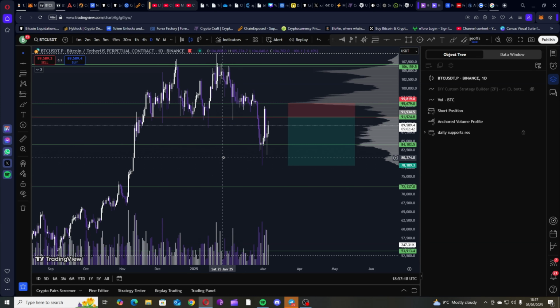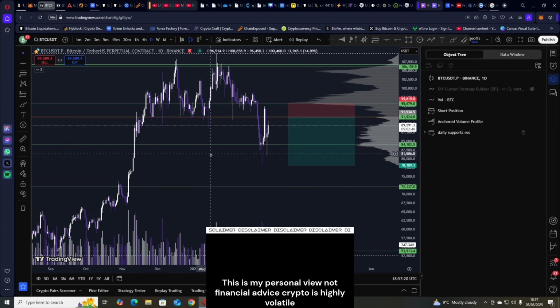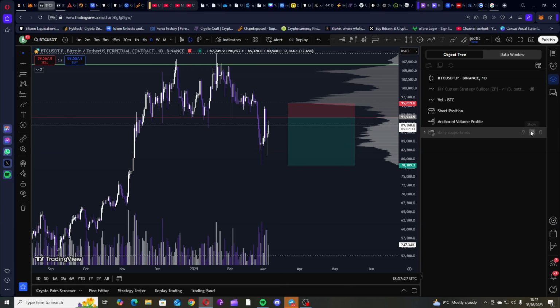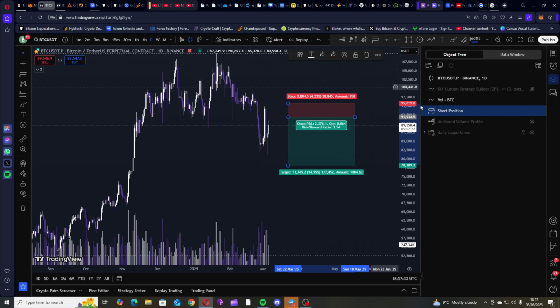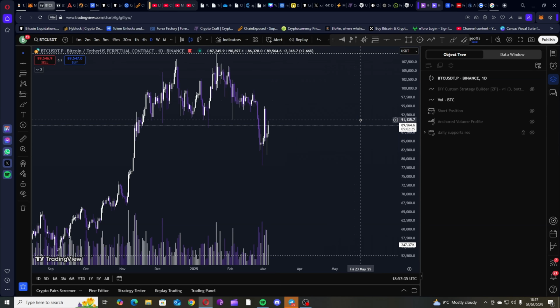So I'm on the BTC chart right here. Okay, I'm on the daily. And all I'm going to do is, if I just close that out, close my volume profile out, move that for 1 minute.